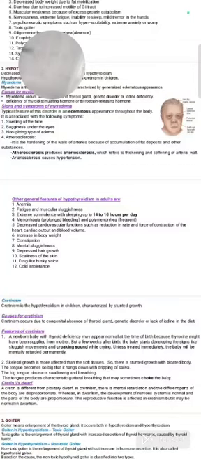Menorrhagia is prolonged bleeding, sometimes for 7 days, and polymenorrhea means frequent menstruation, once in every 21 days or less. So this occurs because of hypothyroidism.